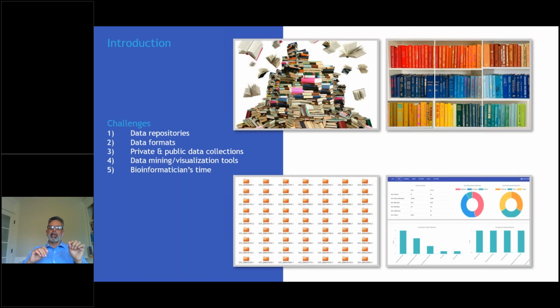Additionally, you may want to use publicly available tools and browsers. And that's not easy because those tools are either specific and disjointed or not connected and so not integrated. And again, that presents a new set of challenges.